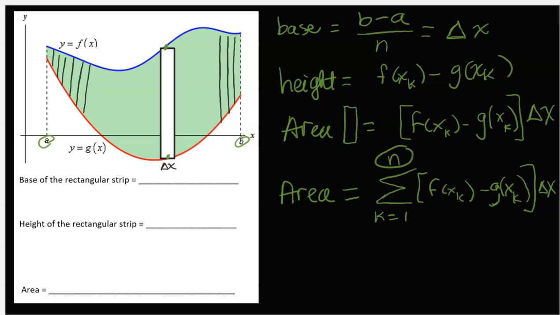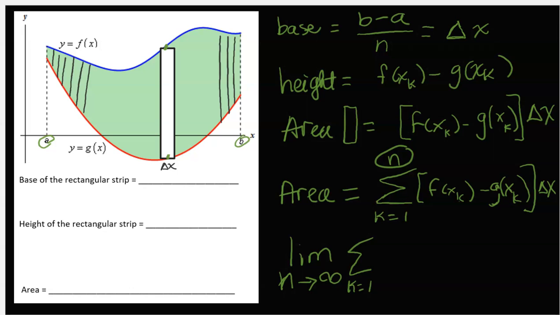And you have probably seen this before. What happens when we let n be bigger and bigger and bigger? Now we would say the limit as n goes to infinity of this sum right here.